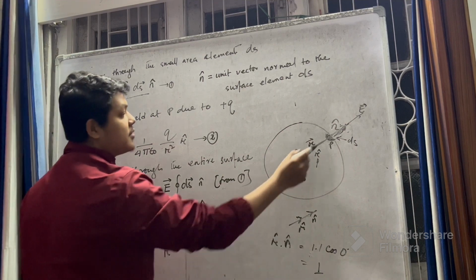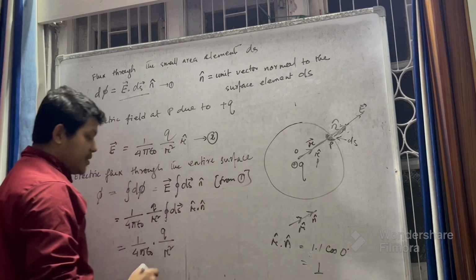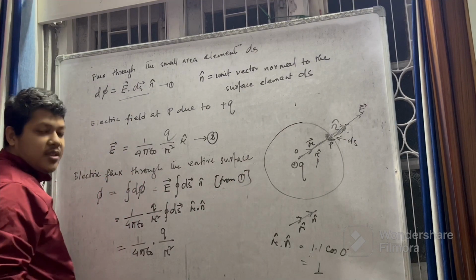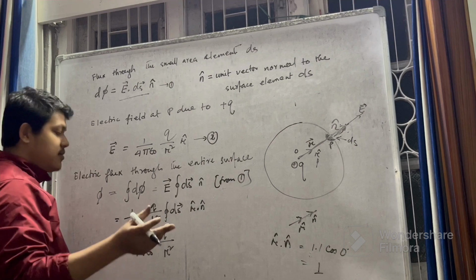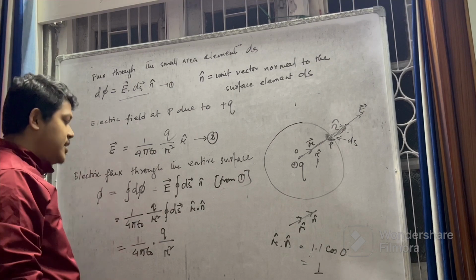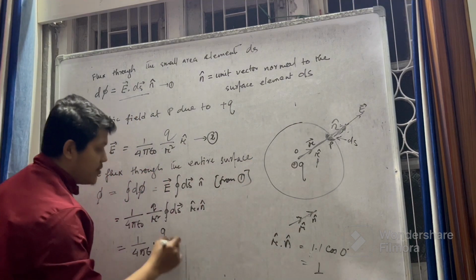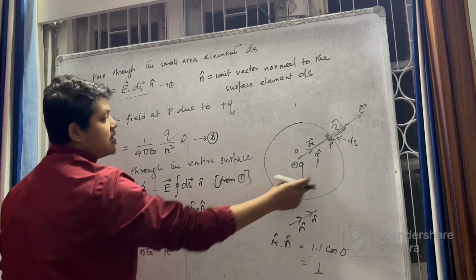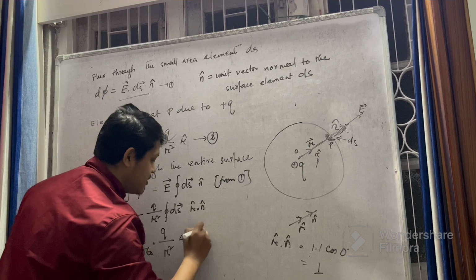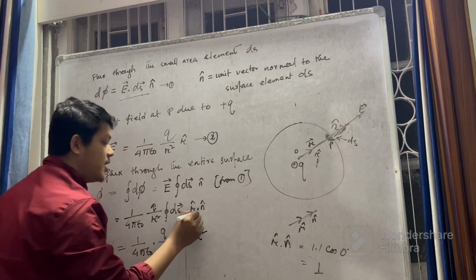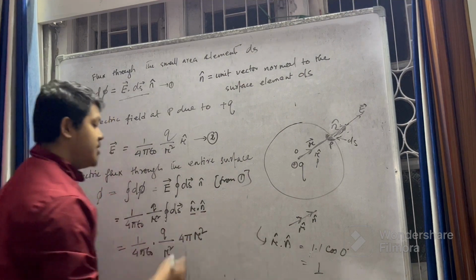If you integrate this over the whole surface, you will get the whole surface of this Gaussian surface. This is a sphere, so area of a sphere is 4 pi r square, and r cap dot n cap becomes 1, as I have shown here.